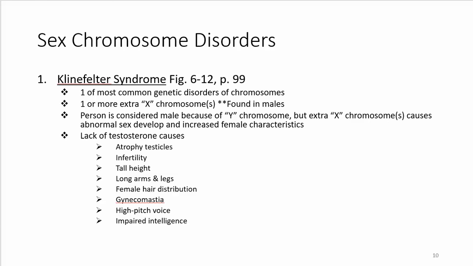Growth hormone doesn't stop, so because they don't reach puberty, they keep on growing. So they tend to be very tall with long arms and long legs. They don't get male hair distribution, so they don't grow beards and that kind of thing. They often grow breasts, so it's gynecomastia. They don't hit puberty, so the voice doesn't lower. And there often is an impaired intelligence in these people. So this is Klinefelter's syndrome.